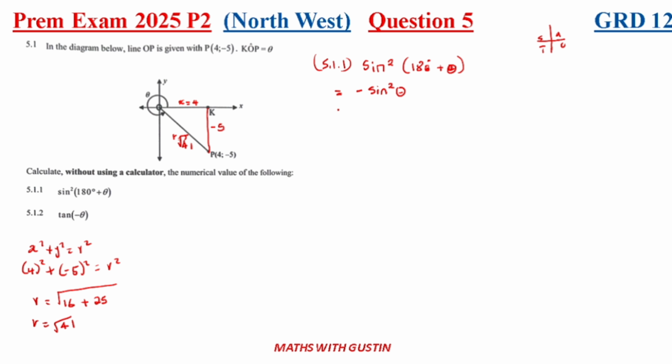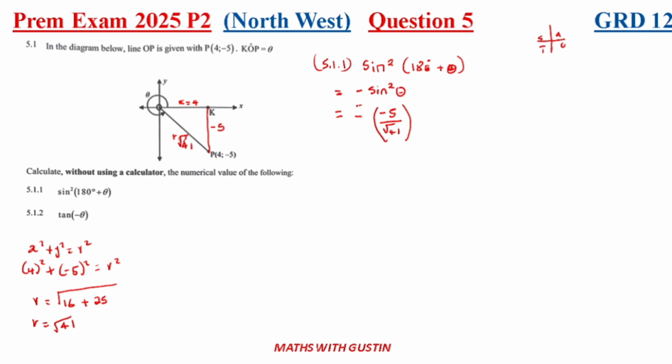Now let's have a look at our diagram, where sine is opposite over hypotenuse, which in this case is negative 5 over r, and r is the square root of 41. Therefore you square everything. Everything is supposed to be squared.